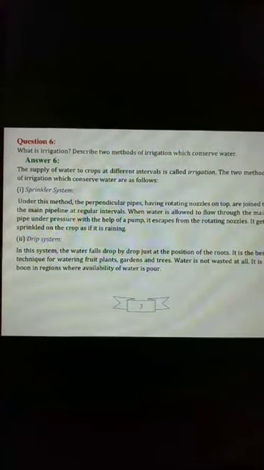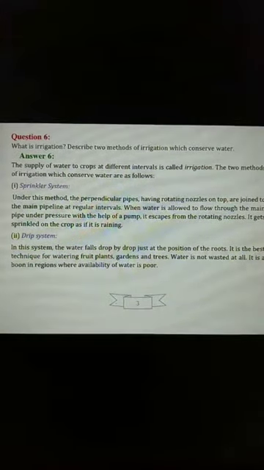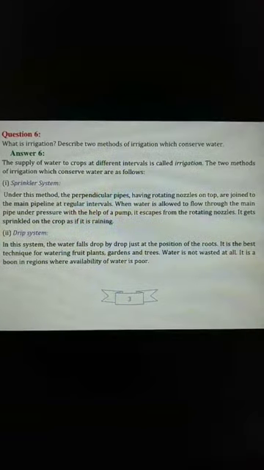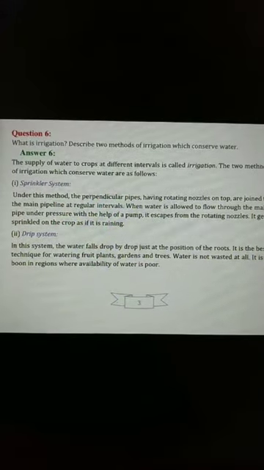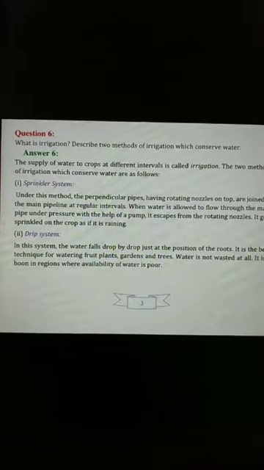It means when we give water to the crops according to their need and according to a time interval, that is called irrigation. The two methods of irrigation which conserve water are as follows. First is the sprinkler method and second is the drip system, which we have learnt in the chapter also.